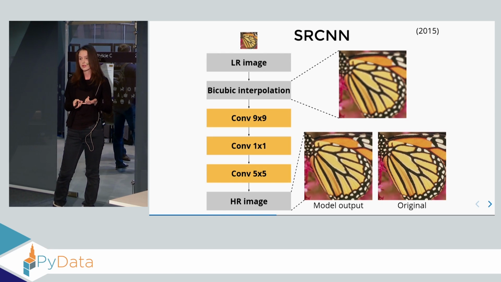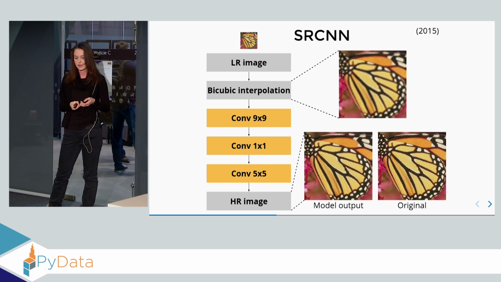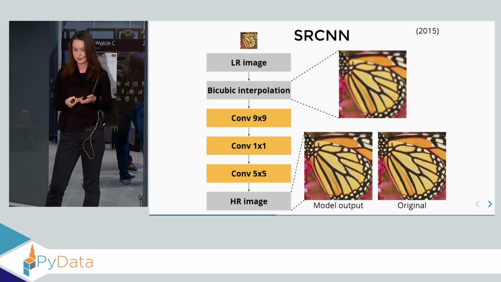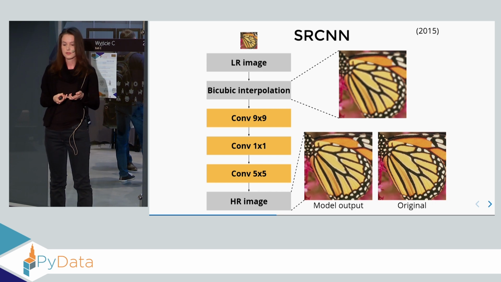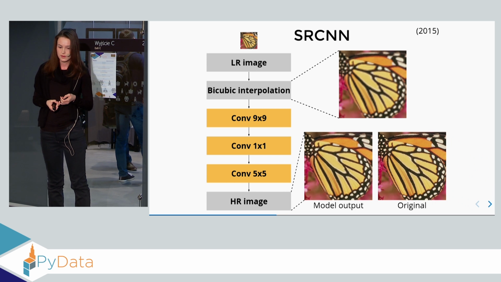It turns out you can take just a very shallow neural network, train it, and have much better results than the bicubic interpolation. This is the first deep learning model that tackled the super resolution problem.